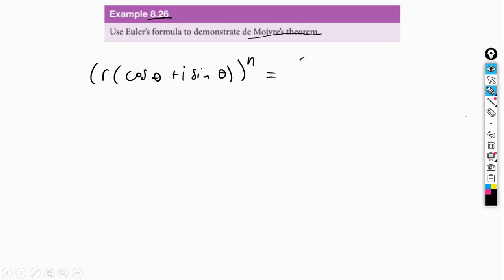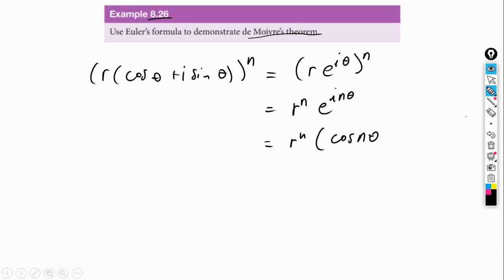Notice that this would be r times Euler's number to the power of i times theta, and this to the n. And then from the rules with exponents, we would have that this is equal to r to the n times e to the power of i times n times theta. And this is simply going to be r to the n times cosine of n times theta plus i times sine of n times theta.